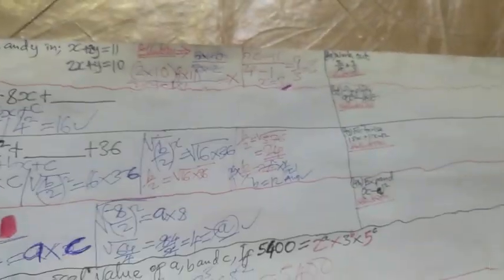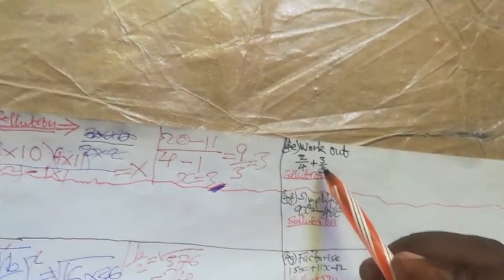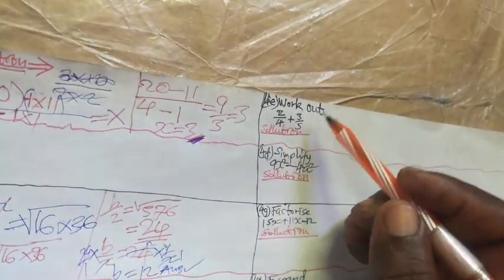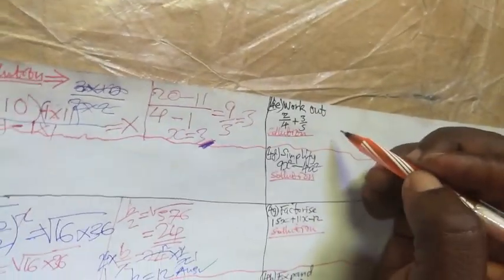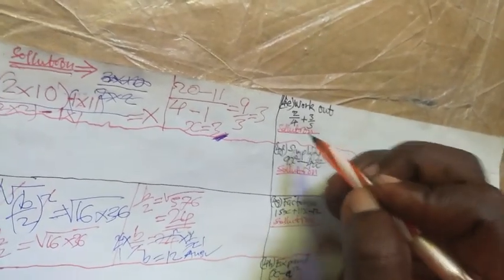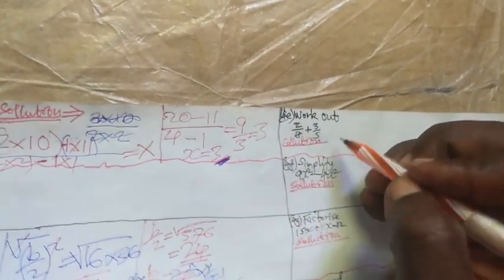We are in question number 4E. Question number 4E states that work out 2/4 plus 3/5. Because we are using the shortest method, we are going to cross multiply. We multiply 4 times 3 plus 2 times 5.